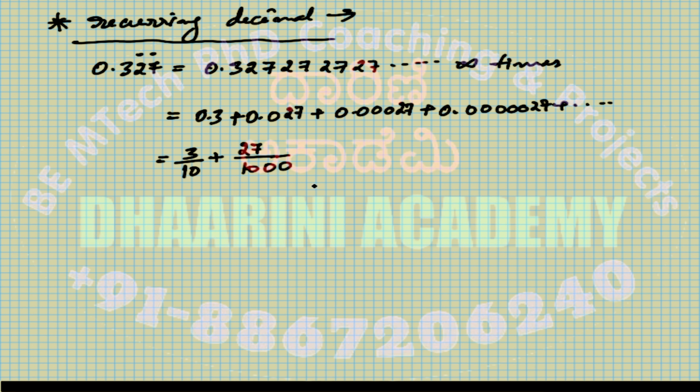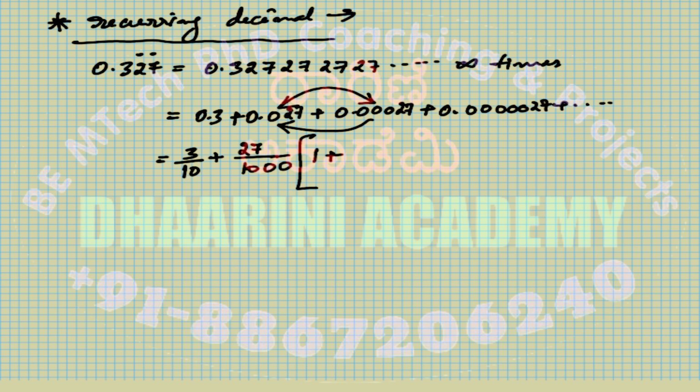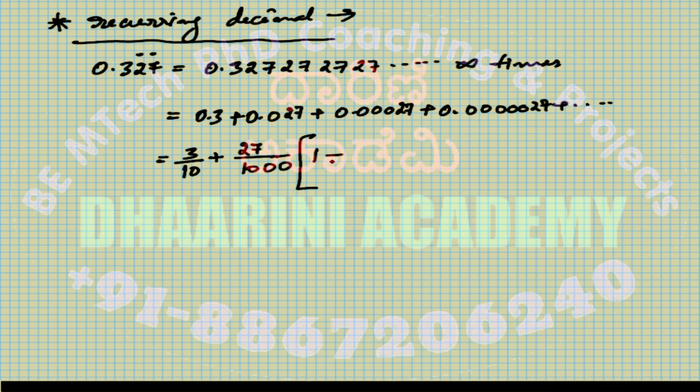And then I'll write the remaining terms as 1 plus, the ratio between the third and the second term is that the number is 100 times bigger than the next number. So I have to divide by 100 to get this. So this is 1 plus 1 by 100 plus 1 divided by 100 squared, that is 10,000, and so on up to infinity, right? It goes till infinity.